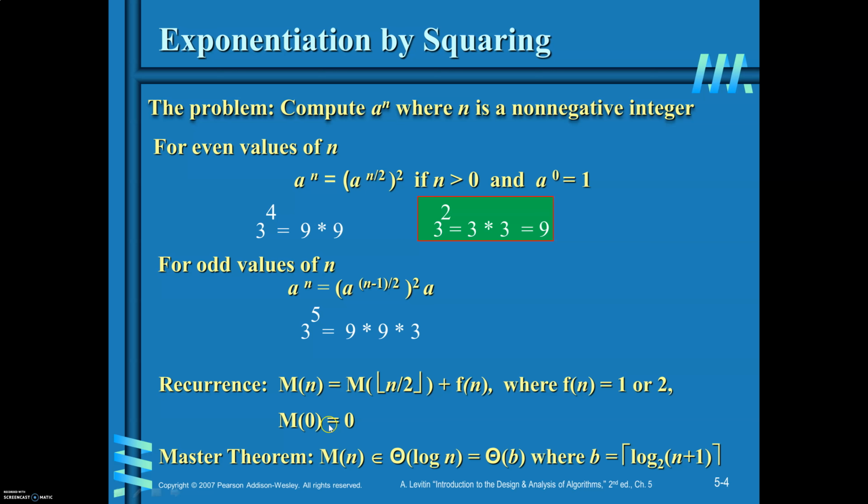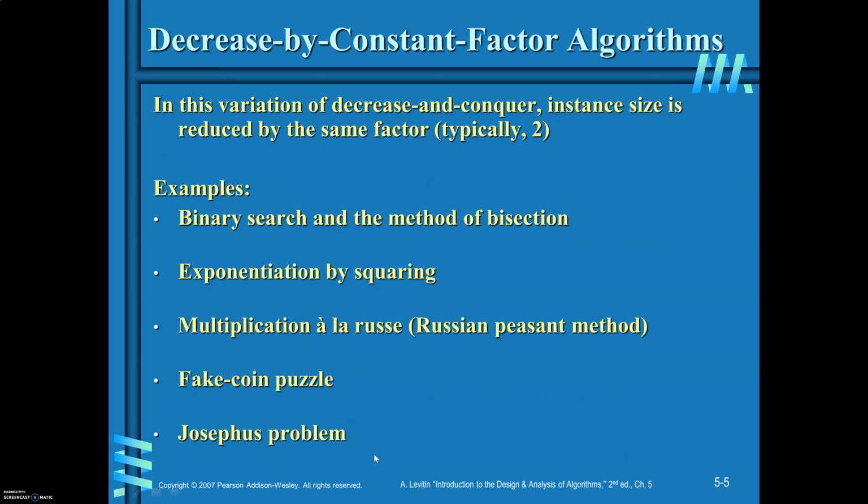In order to find a power n by 2, you need to know how many multiplications are done when the problem size is n by 2, plus Fn. So that is when n is even, 1 multiplication, and when n is odd, 2 multiplications are performed. So M(0) equals 0. When you apply the master theorem, this is the solution you are going to get.